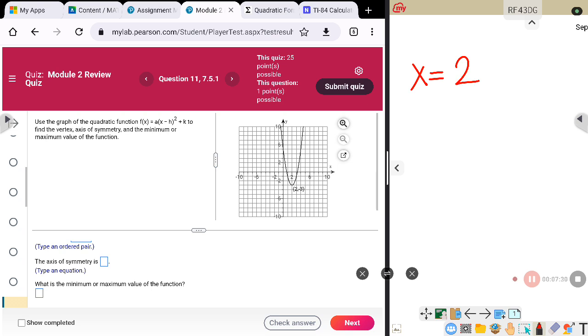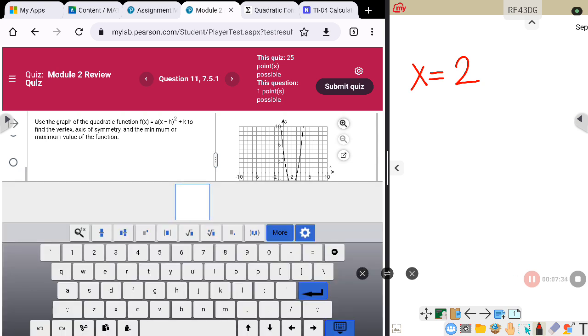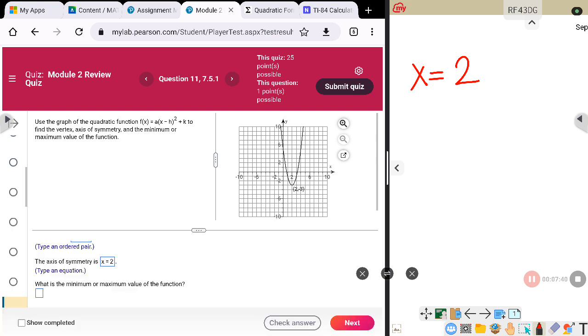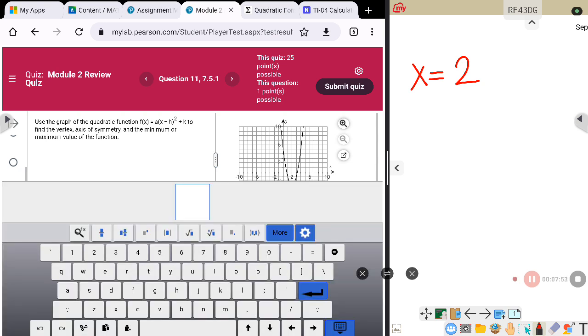So for the axis of symmetry, make sure it says type in equation. You have to type in the whole equation. So x equals 2. And then the minimum or maximum value of the function is the y coordinate of the vertex. So this one has a minimum value of -3.